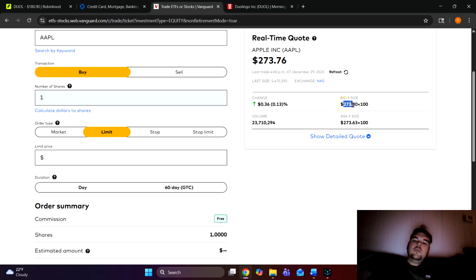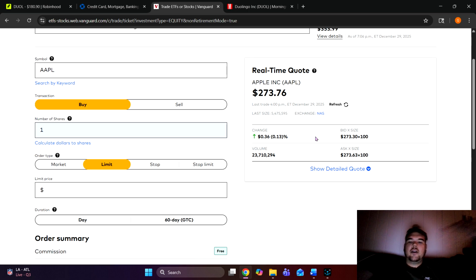The larger a spread is, basically, the more volatility there is in that stock. There's something going on that's making the stock price more volatile. When the spreads are closer together, within like cents or 10 cents, that means people think the stock price is fairly valued at that current time.